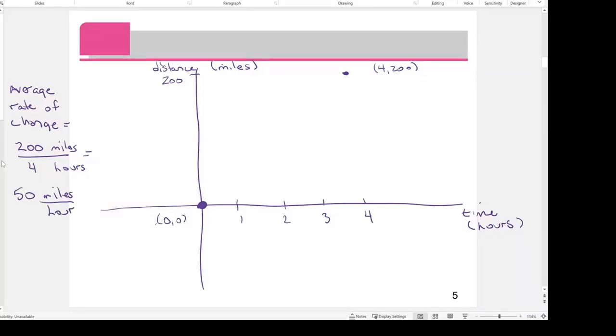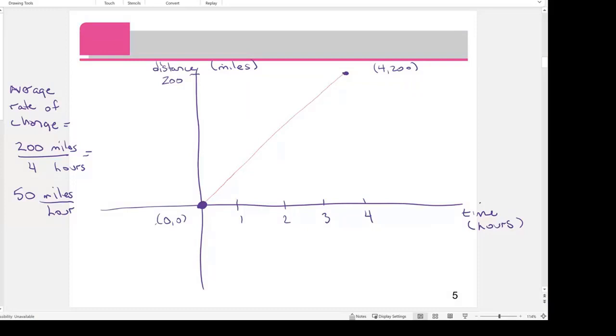If you just saw me leave and then I called you when I got to Orlando and it was 4 hours later and I drove 200 miles, we can see that I would have been going 50 miles an hour. But that's not actually what happened.